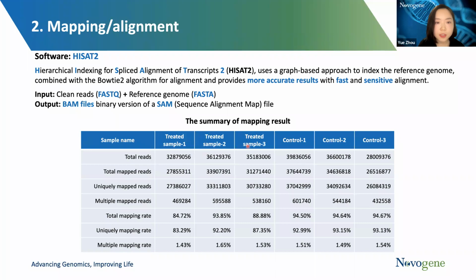As you can see, for each sample, we have the summary of the total reads number, the uniquely mapped reads, multiple mapped reads, and also the total mapping rate, uniquely mapping rate, and multiple mapping rate. And this is what we get after mapping.